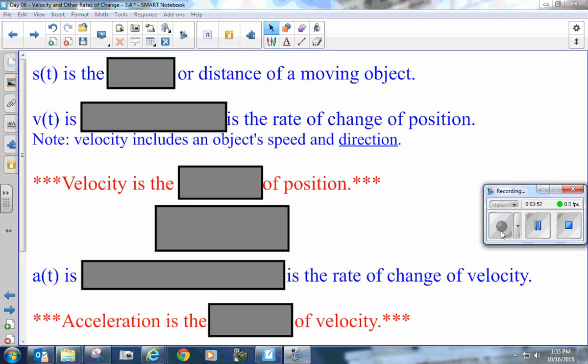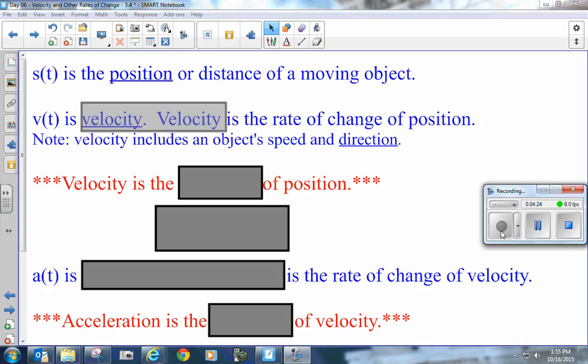All right, so if we are given a function s of t, that's the position or the distance of a moving object, because derivatives also help us in this fashion. If s of t represents the position of a moving object and I want its exact position at 5 seconds after it starts moving, I just put t as 5.